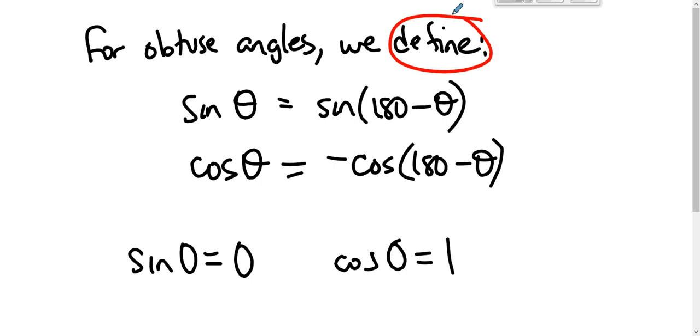So we can get away with these definitions, and we have reasons why those definitions should be made, but in our geometry, we just need to define that and say, this is how we're going to do it. We don't need a big explanation on why that works.